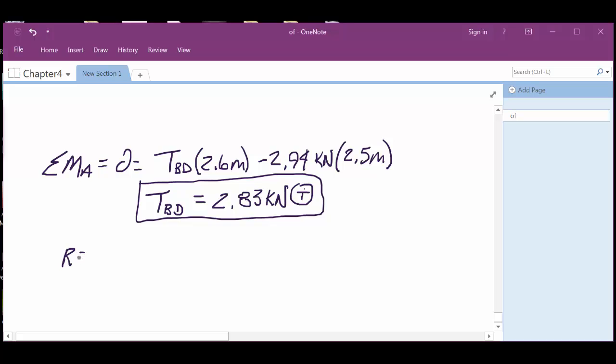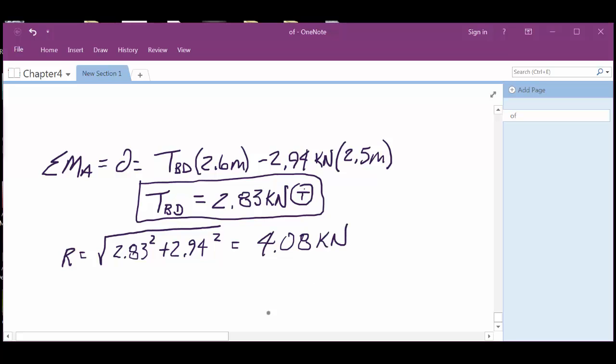Resultant vector is the square root of the x value, which is 2.83, squared, plus the y component, which was 2.94 squared. And you find out that there's actually 4.08 kilonewtons, and it would be compression there.